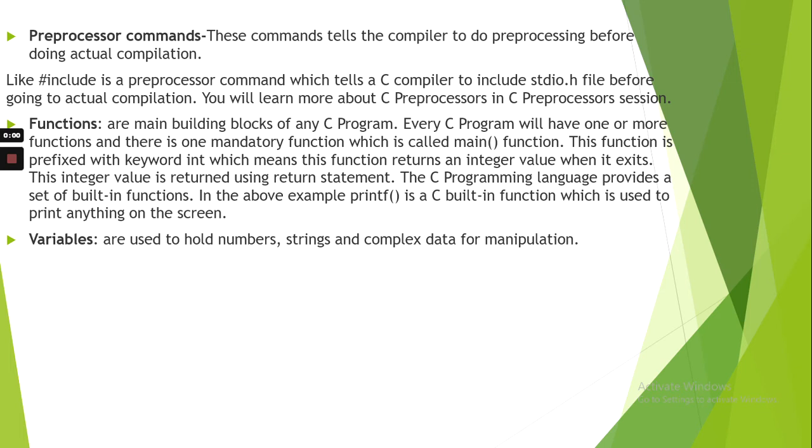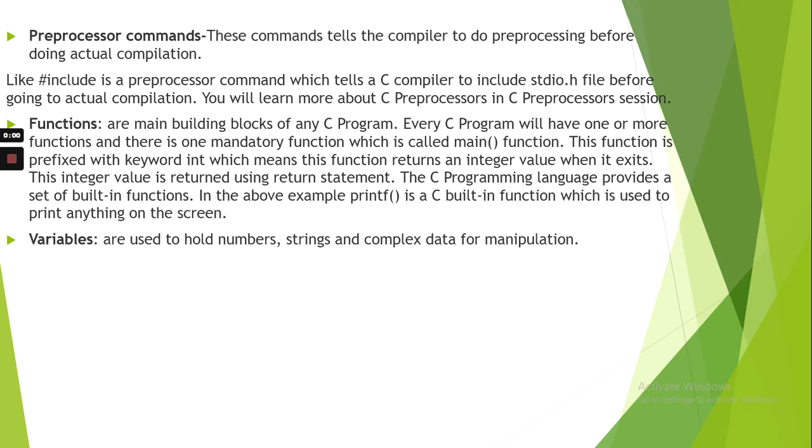hash include. Everything that is preceded by the hash, normally hash is a preprocessor directive which is telling the compiler to include the file which follows the include. So during the compilation process, that file is going to be added.